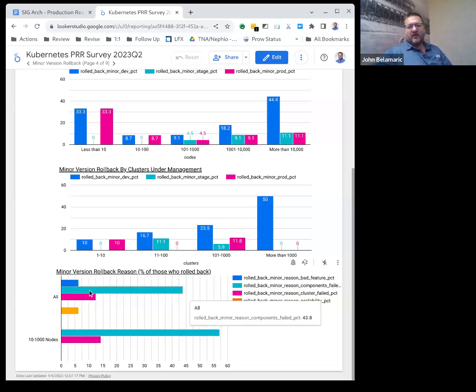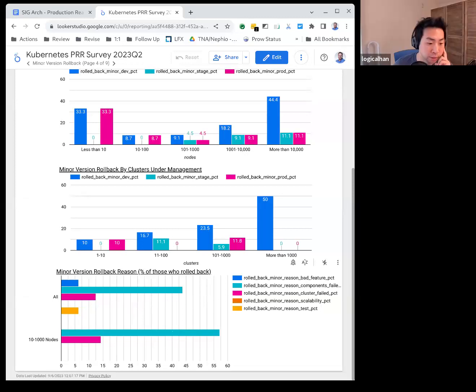But what does that mean? People may not differentiate all that much between these two things. If the failing component is kubelet, it's basically a dead cluster, or the API server crash looping.